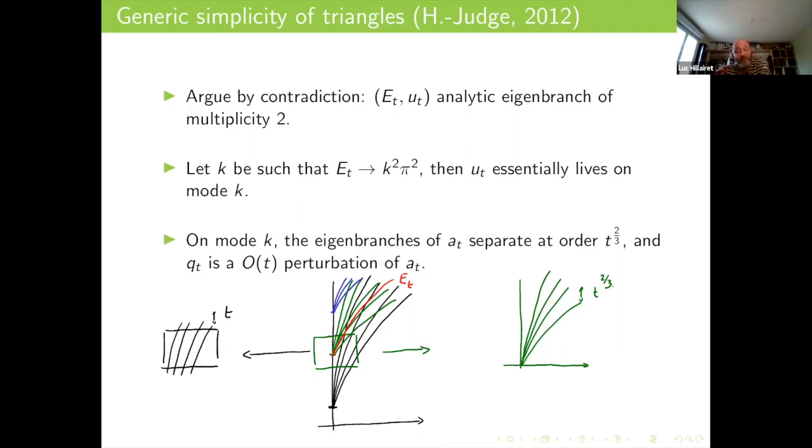So we really need to be able to say that almost all the mass of u_t is on the modes where the separation between eigenvalues of A_t is much bigger than t.